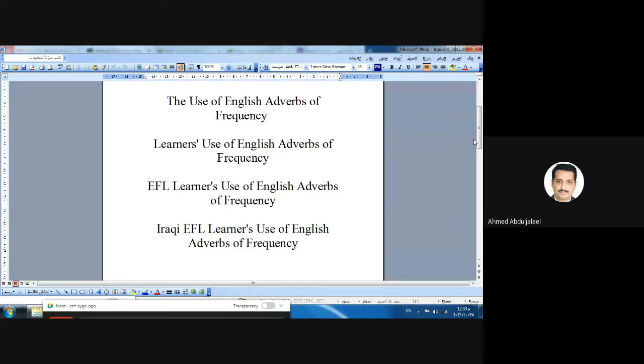We have things that are related to Iraqi EFL learners, something about the grammar, that is adverbs of frequency, and something specific to the use of English adverbs of frequency. And then we are going to gather information about these things. Here, it will be okay for me as a researcher to go to the library and check references that are related to these things.